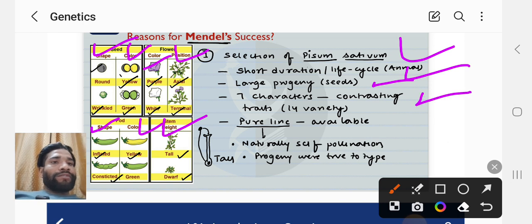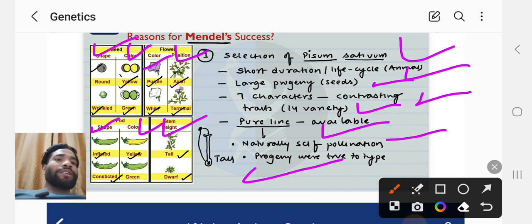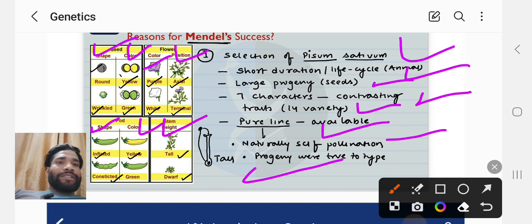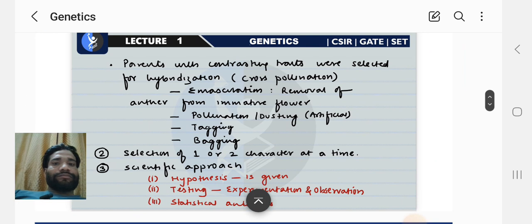The seven characters have contrasting traits, 14 varieties basically, and they were available as pure lines. They were naturally self-pollinating, and because they had only natural self-pollination, the progeny were of two types.